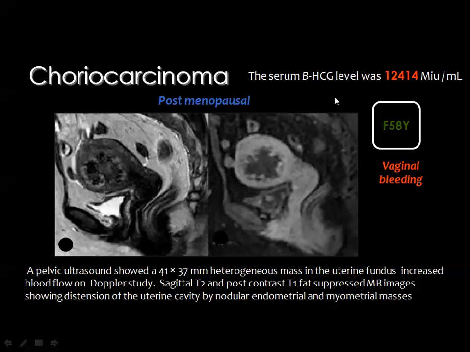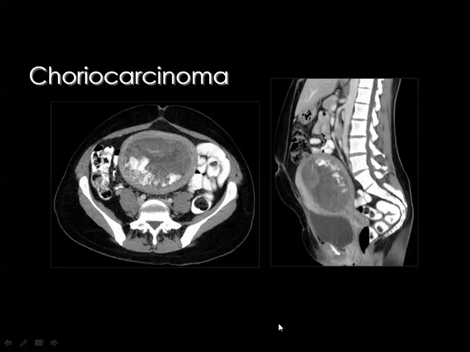In the serum, beta human chorionic gonadotropin is about 12,114 milli-units per milliliter. Then you see the irregular mass within the uterine cavity. You see the invasion of the myometrium in the enhanced image.